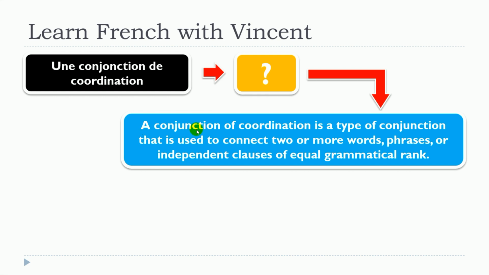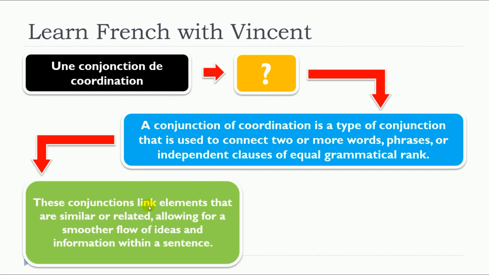A conjunction of coordination is a type of conjunction that is used to connect two or more words, phrases, or independent clauses of equal grammatical rank. So you will use the conjunction to connect in the sentence two or more words, or then phrases or clauses.